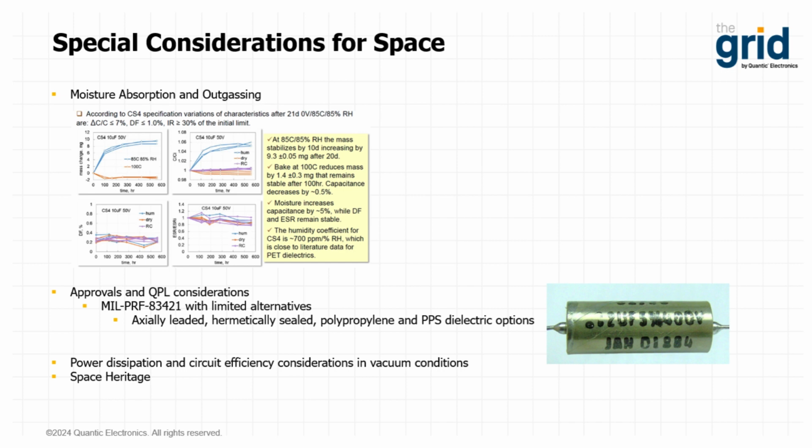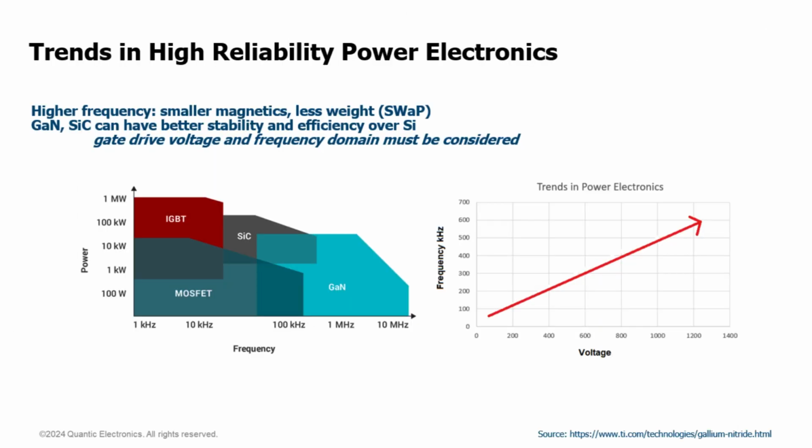We talked a little bit about this earlier, but there's a very obvious trend in power electronics that's moving into high reliability power electronics now, and that is the introduction of wide bandgap switching technologies, namely gallium nitride and silicon carbide. Both of these are more efficient.